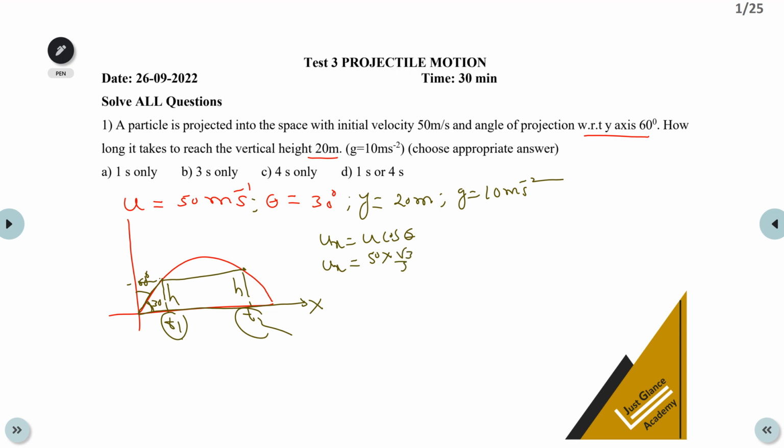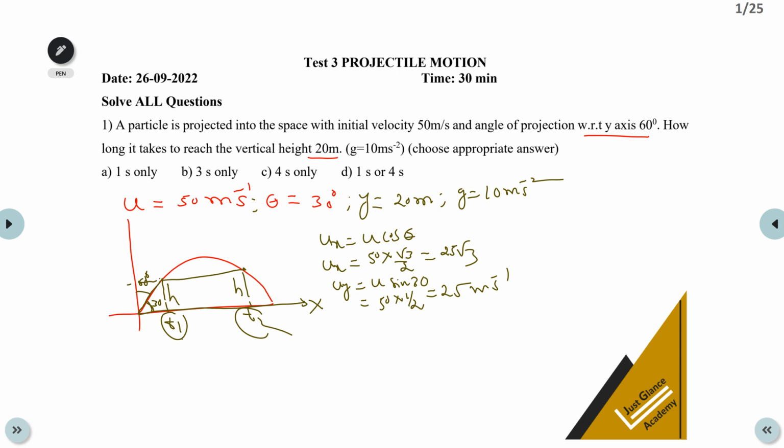Cos 30 equals root 3 by 2, so ux equals 25 root 3. And uy equals u sin 30, which is 50 into 1 by 2, equal to 25 meters per second. Okay, fine. Here only the y quantity is required.